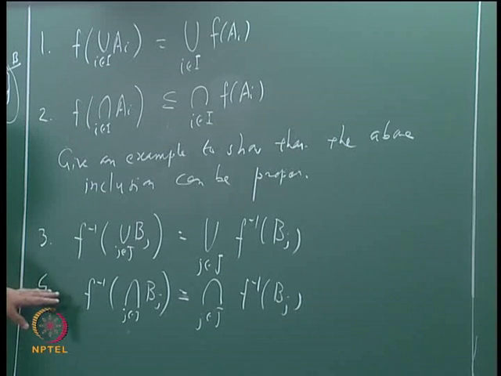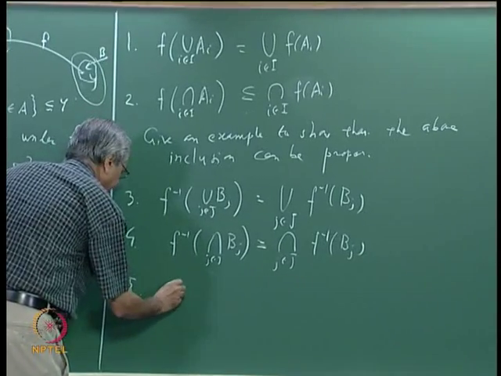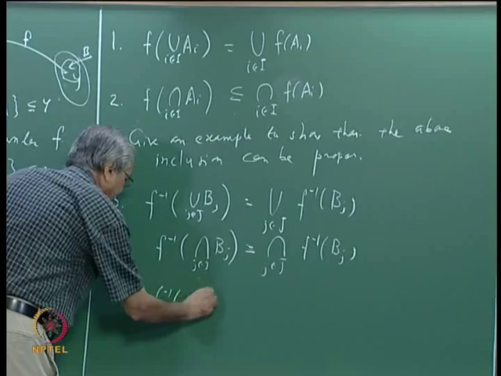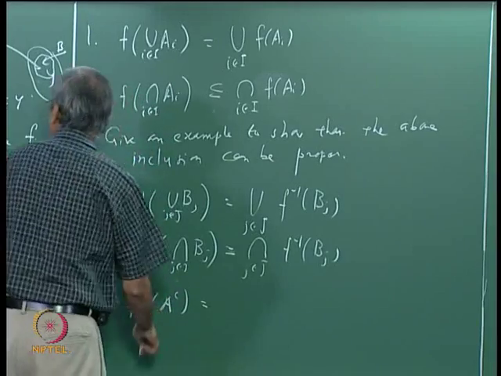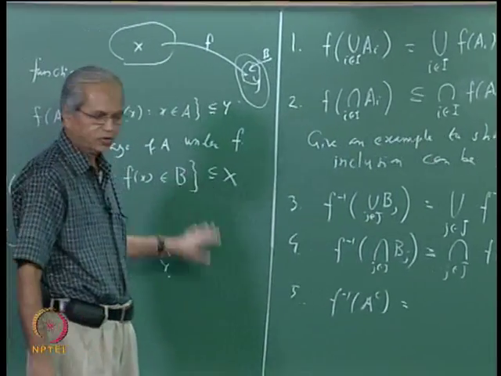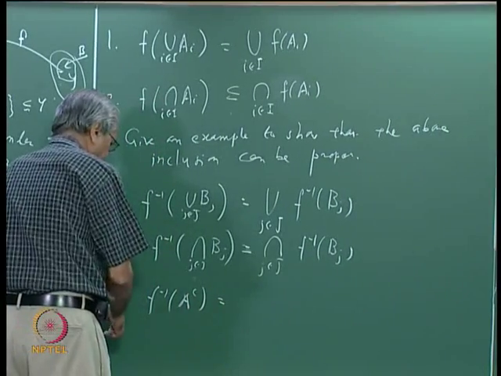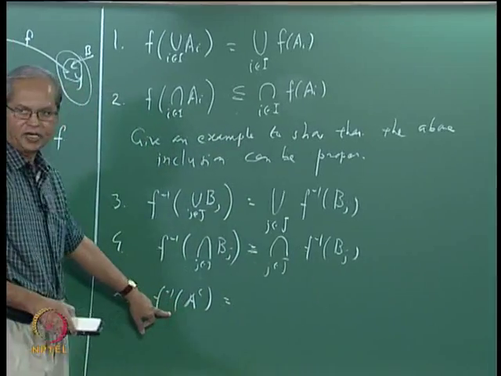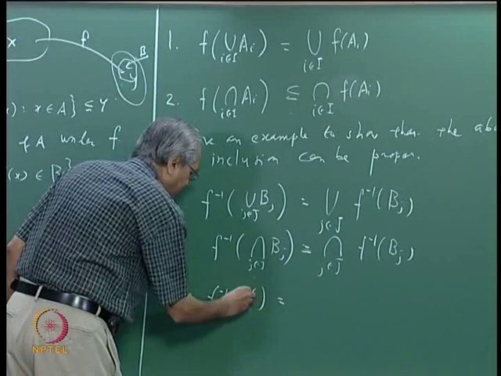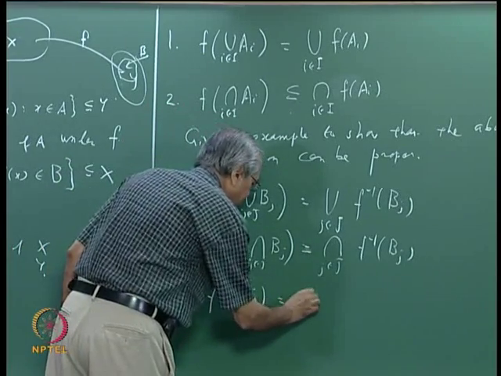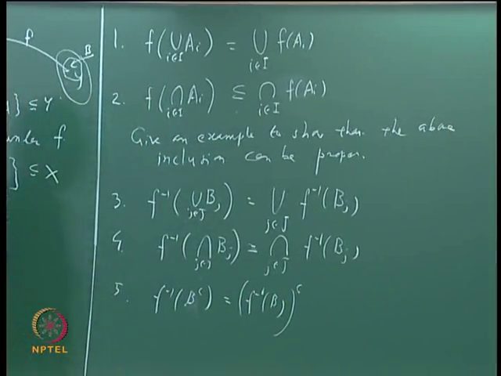And there is also one more property, that the inverse image of a complement is also the same as the complement of the inverse image. That is, f inverse of a complement; remember, a complement means X minus A. Not A complement, it should be, because for the inverse image it should be a subset of Y. So let us say B complement; this is the same as f inverse B, and then the complement of this whole thing.